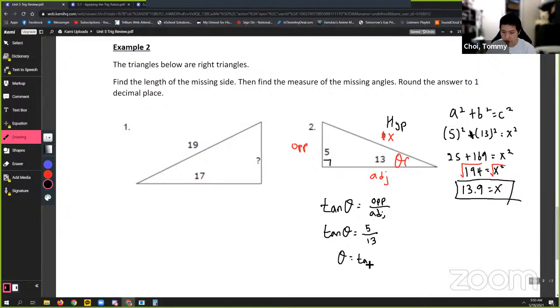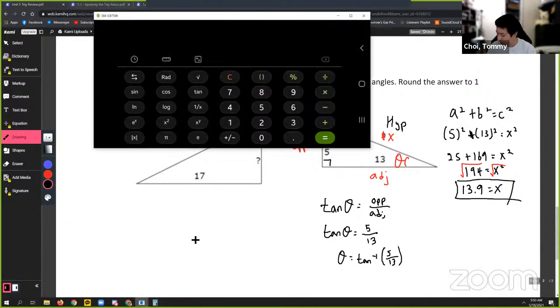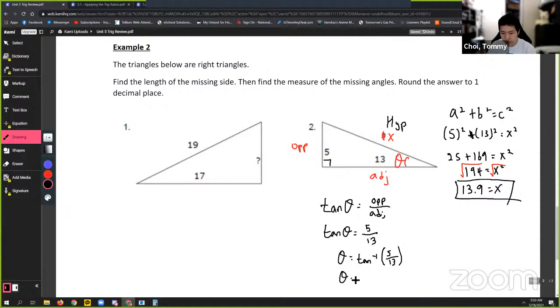Theta equals tan inverse of the fraction. And once again, doing that on my calculator here, tan inverse of 5 divided by 13 gives me theta is 21 degrees. So we get 21 degrees here.